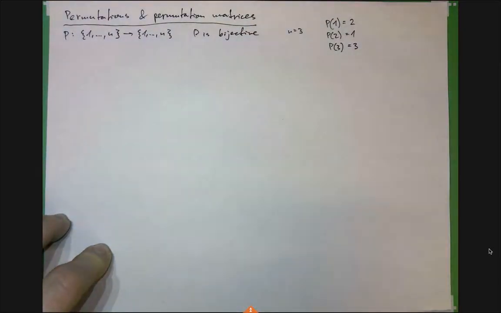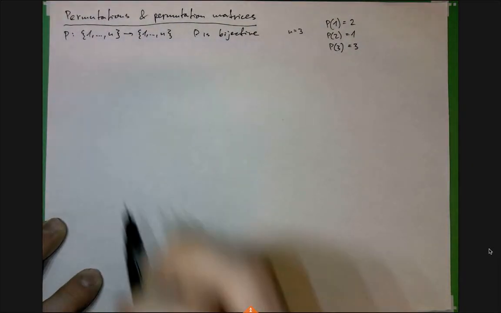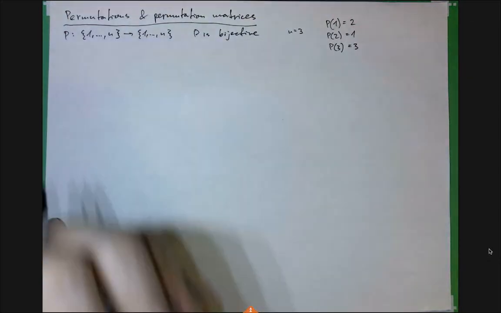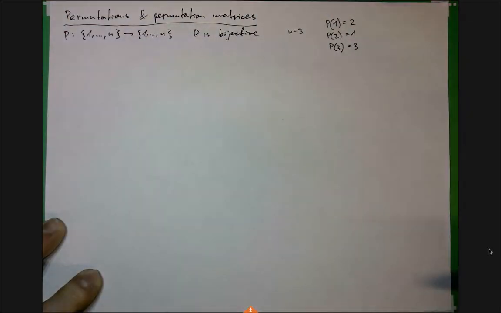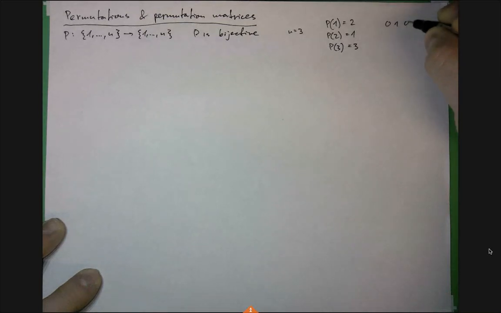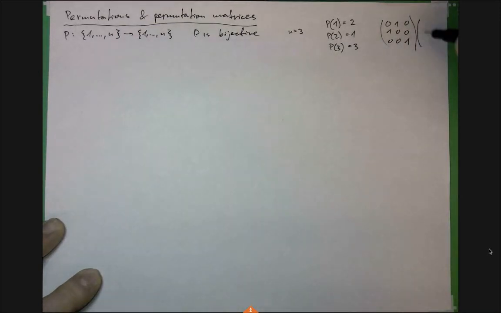What I was discussing here earlier was that we can represent permutations using permutation matrices. In this case, it would be a 3x3 matrix, which would look like this. And the point is really still the same. If I take some vector (a, b, c), look at what the permutation matrix does: here I get b, here I get a, here I get c.